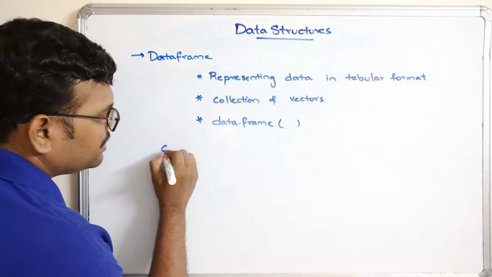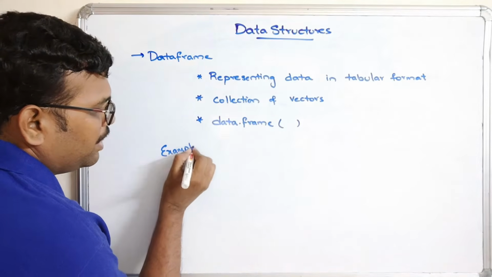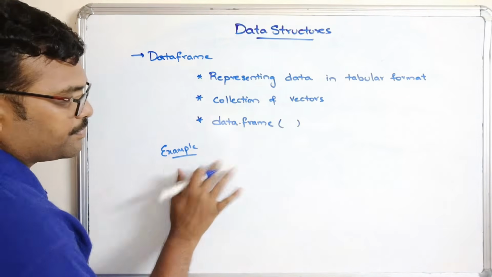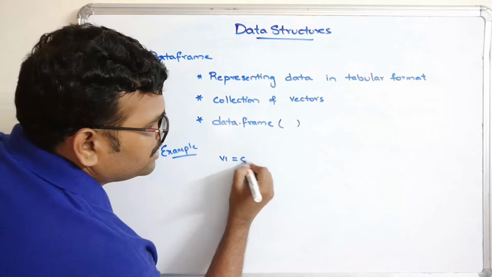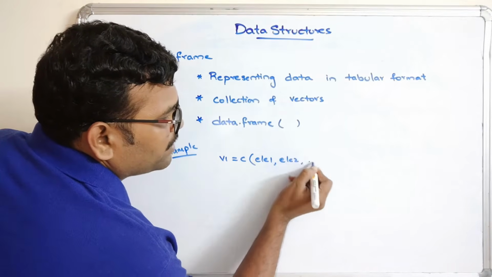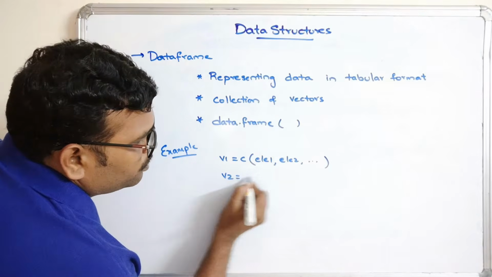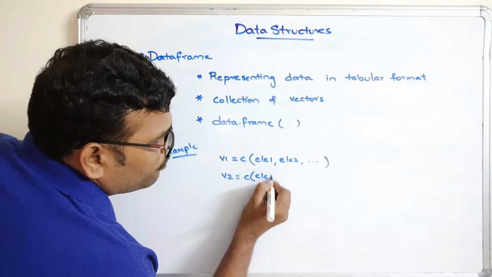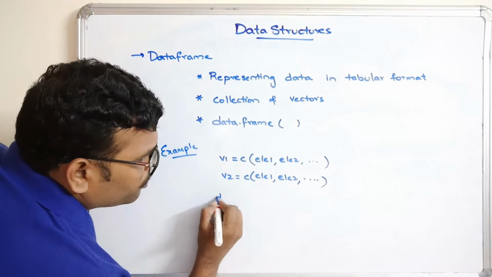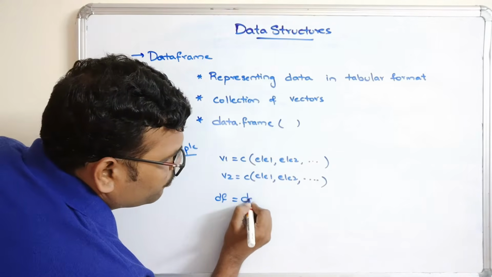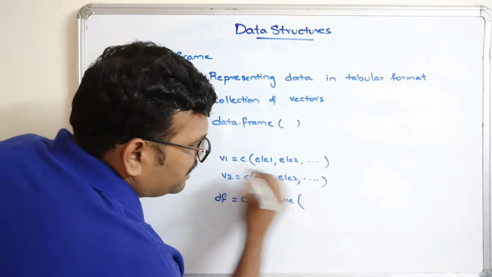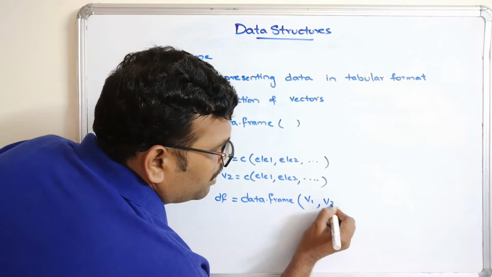Right? Here I'll give you an example. Let us take some vectors. Say v1 is equal to c of some element 1, element 2 and so on, and vector 2 is c of element 1, element 2 and so on. Now you can go with data frame is equal to the data.frame function, and pass these vectors v1 comma v2.